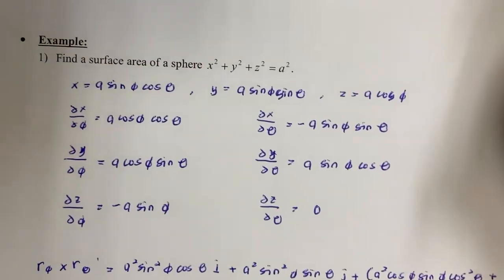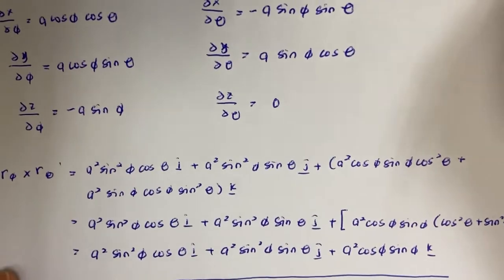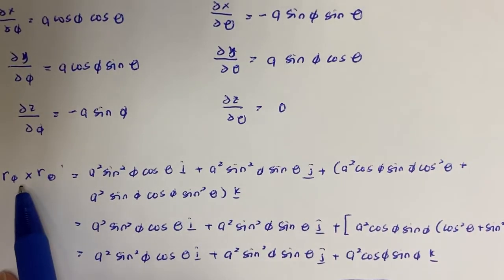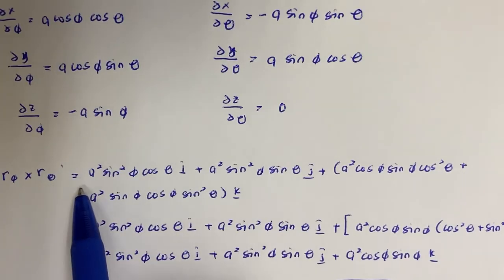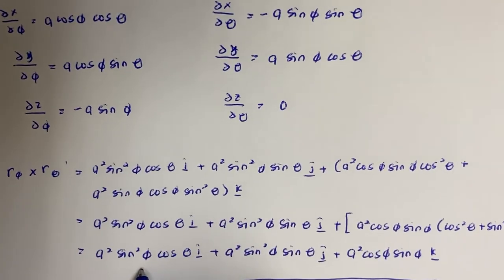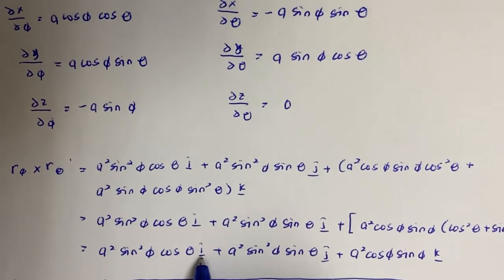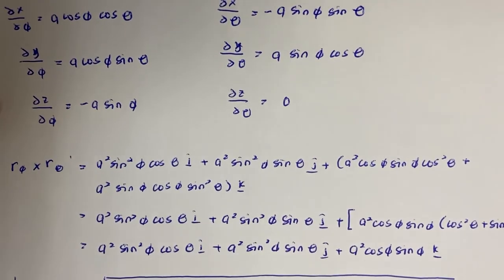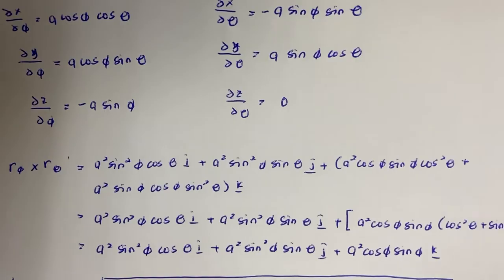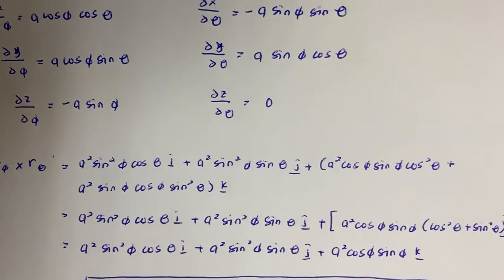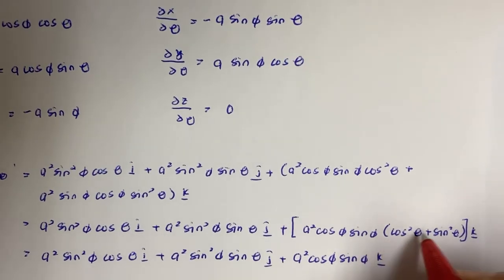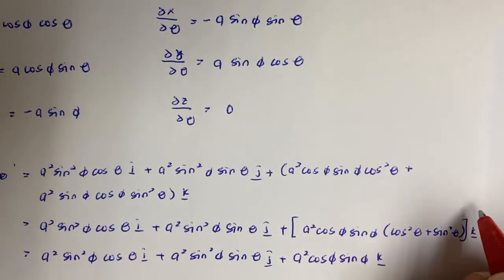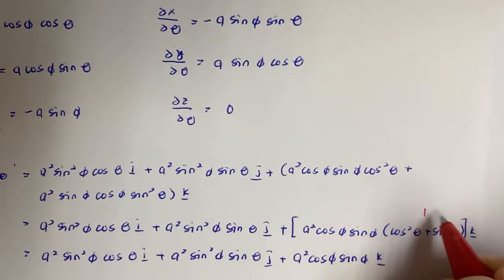Okay, and when you substitute this, you get r phi cross r theta is equal to a square sin square phi cos theta i plus a square sin square phi sin theta j plus a square cos phi sin phi k. Okay, so this is trigonometric, cos square theta plus sin square theta equal to 1.